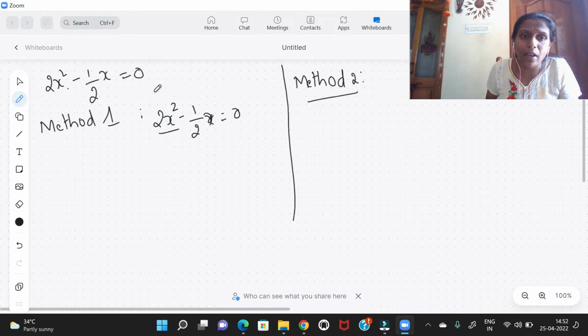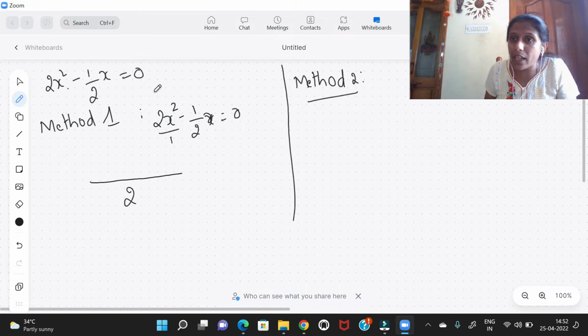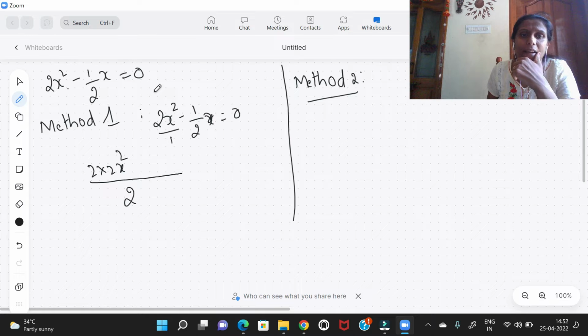Now, can we go on LCM here? So let me take the LCM between 1 and 2, which is 2. If it is LCM, it's a complete denominator, right? Earlier 2x square was separate, half x was separate. Now, there won't be any separation. So, taking the LCM, I'm dividing 2, the LCM, by the first denominator, that is 1, which gives 2 into 2x square.